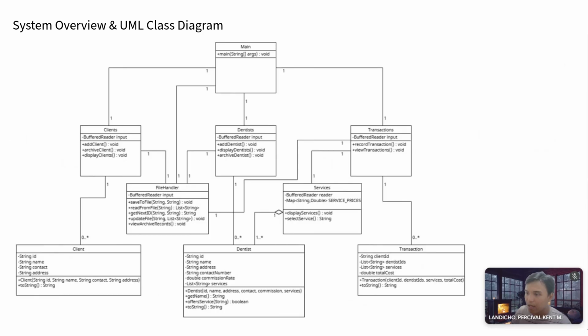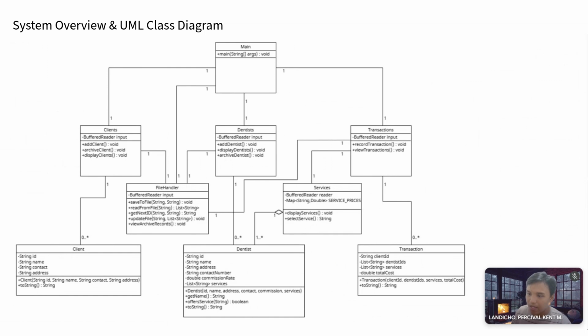Now let us look at the UML class diagram. The diagram consists of 9 classes organized into 2 packages. The function package contains the core data classes: client, dentist, transaction, and file handler.